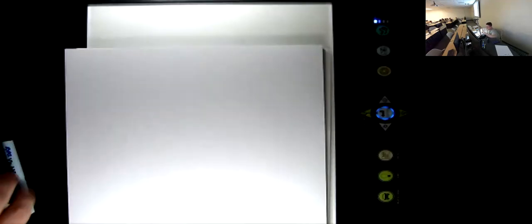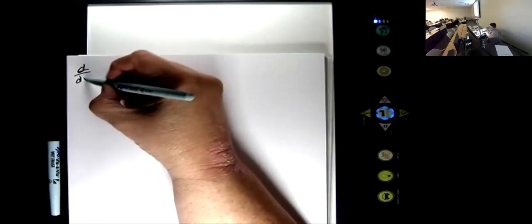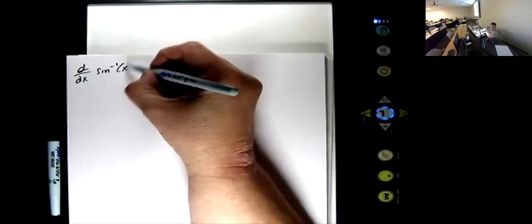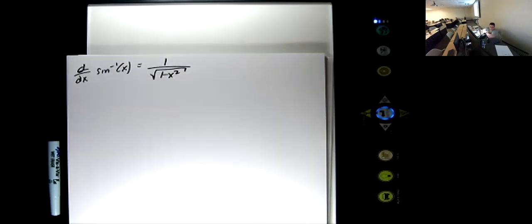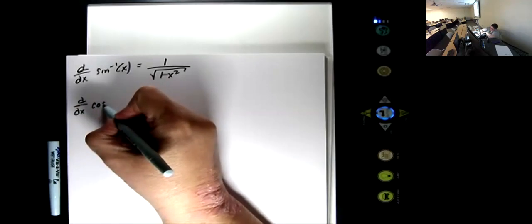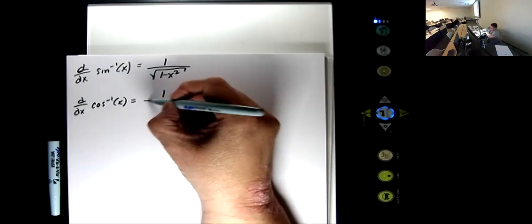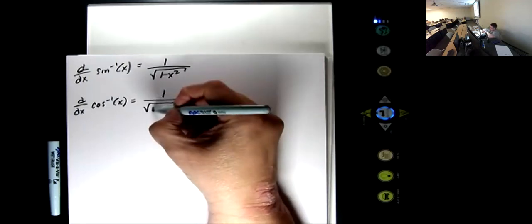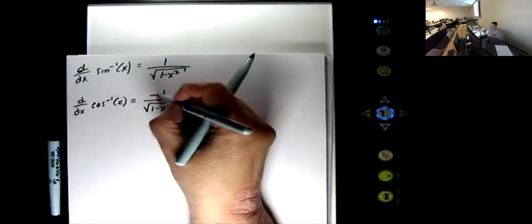All right, let's give you a list of the 6 inverse trig functions. So d/dx of sine inverse x is our good old 1 over square root of 1 minus x squared. We already calculated that one. If we do d/dx of cosine inverse of x, you're going to find it's almost identical to sine inverse of x. We have 1 over square root of 1 minus x squared, but this is negative.